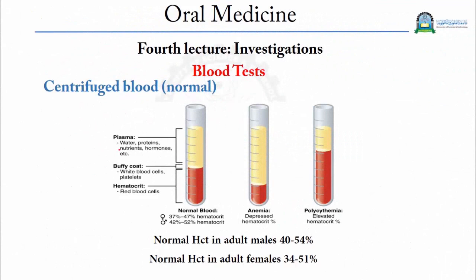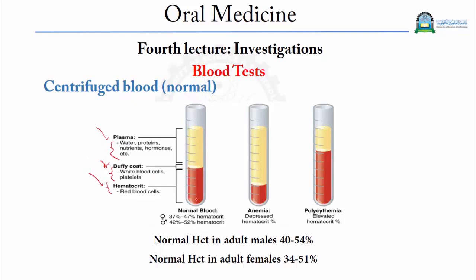As we mentioned before, centrifuged normal blood will appear in the tube as 3 parts. The first part is plasma, containing proteins, nutrients and hormones, and also the buffy coat containing the WBCs and the platelets, and the third part is the RBCs.